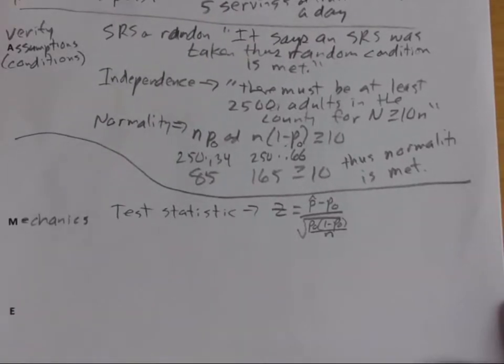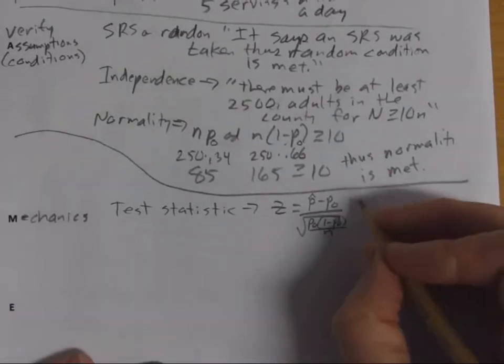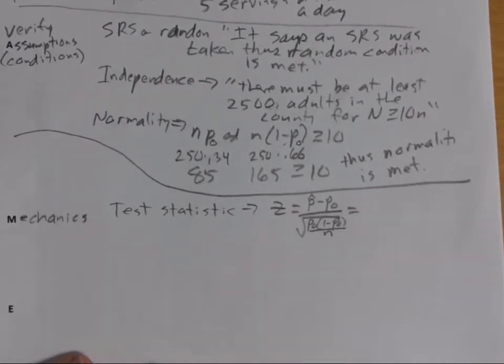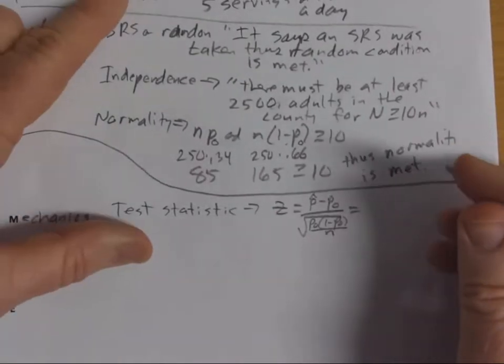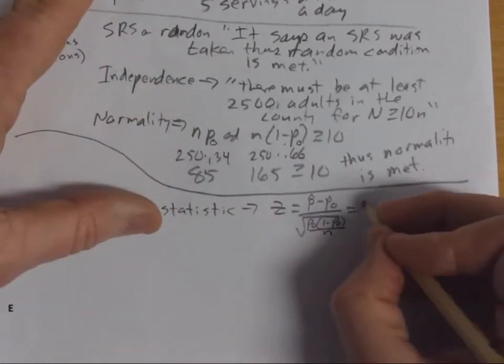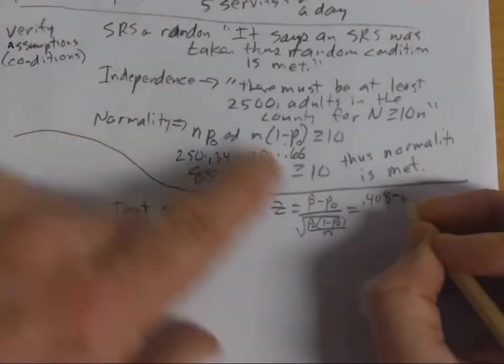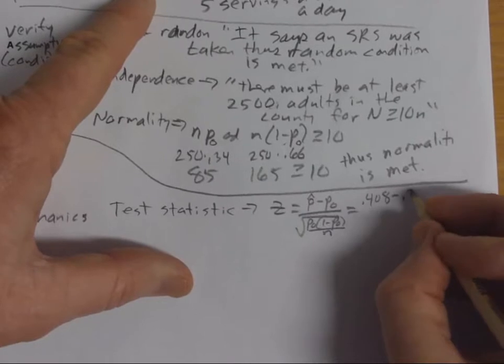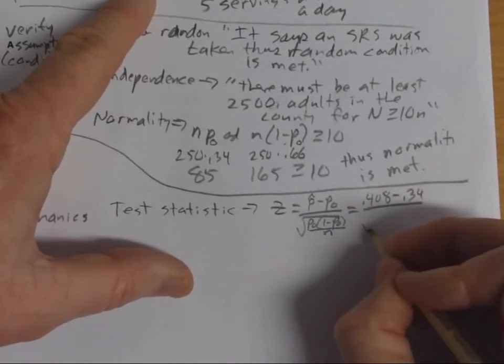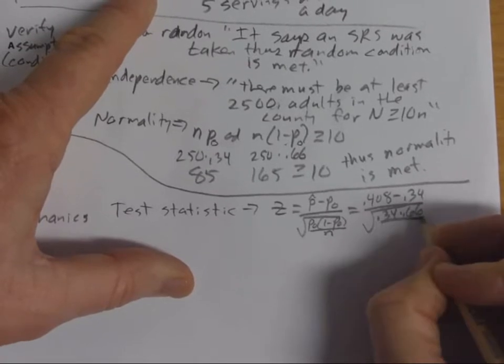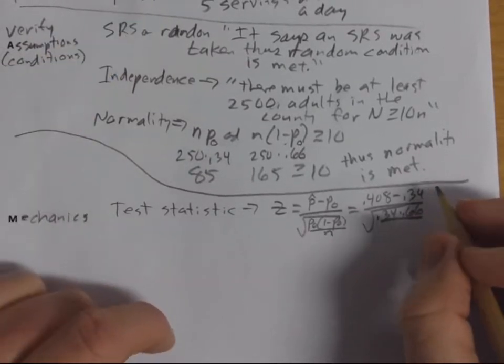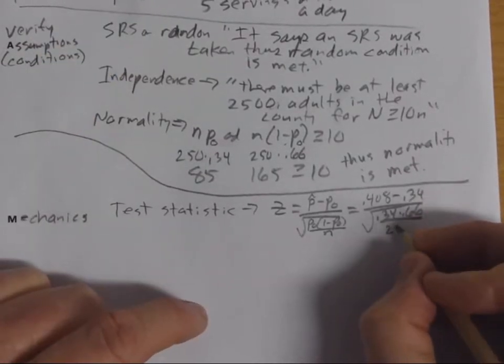Now, you don't have to show this formula, but you could be asked to show it. In general, when you're doing a test of significance, you just have to write the number, what z is, and what the p-value is. But if you could be asked to show your work, in regards to showing the formula, this is what you would show. So our p hat is 0.408, our p naught, our hypothesized value, is 0.34, over the square root of 0.34 times 0.66 over our sample size of 250.